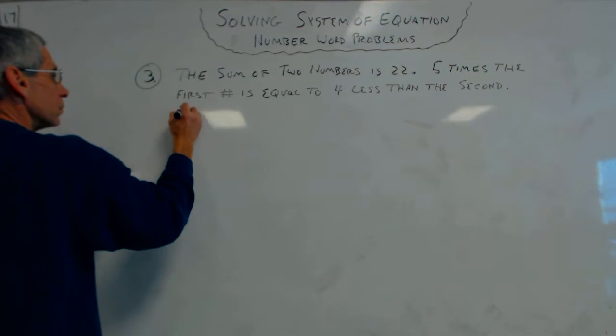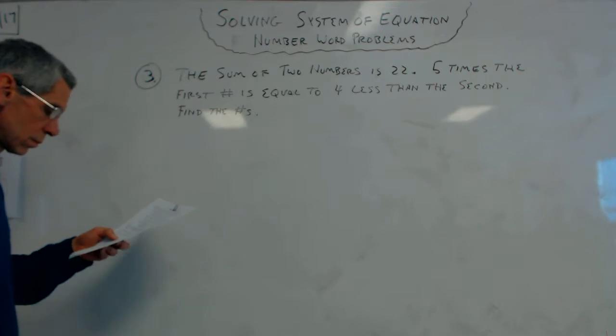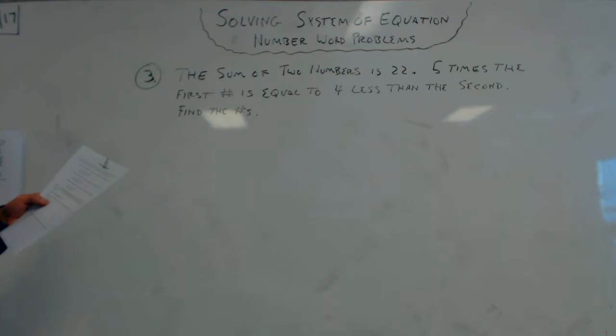Find the numbers. Five times the first equals 4 less than the second. Okay.